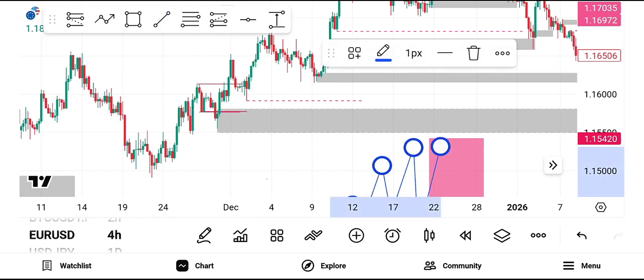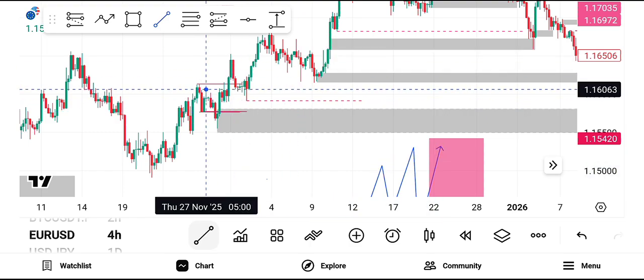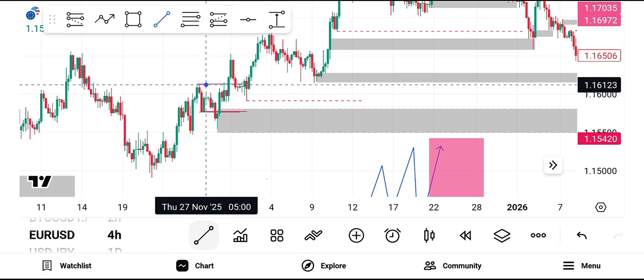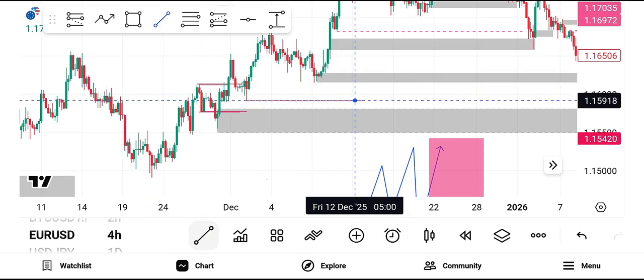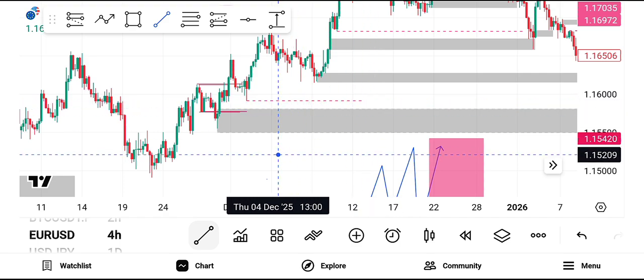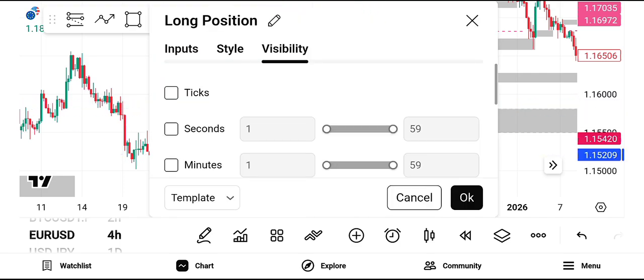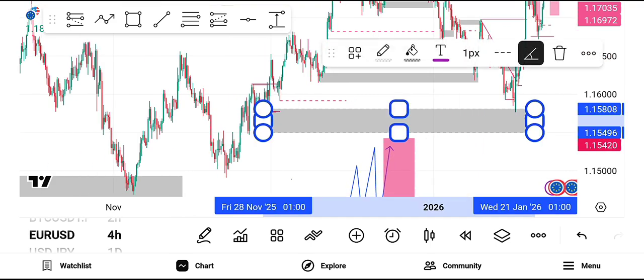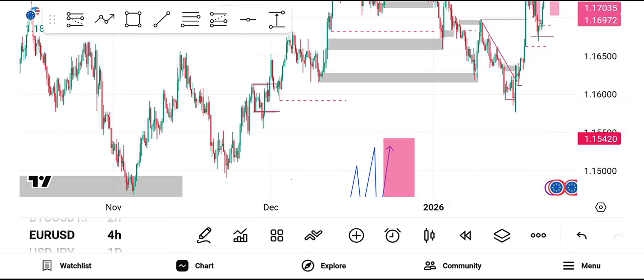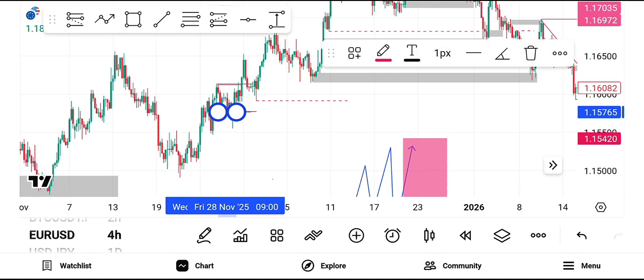Then you can see the break of structure to the upside, and then they gave this inducement, which I marked. So this is telling you that this particular order block is very, very strong. This order block here, let me mark it again.